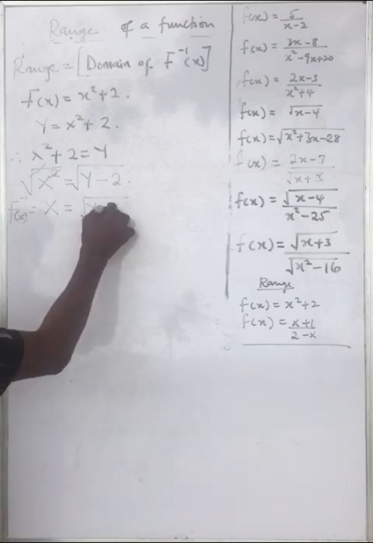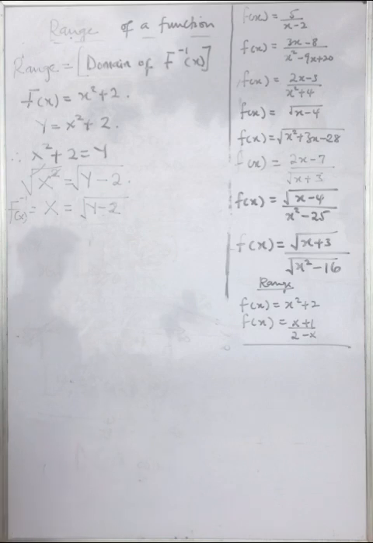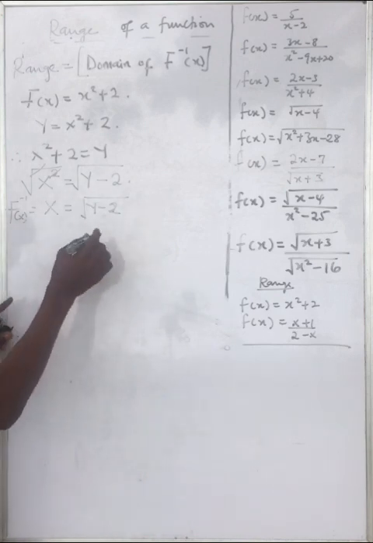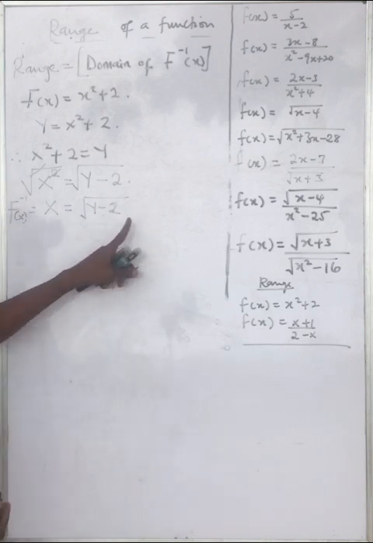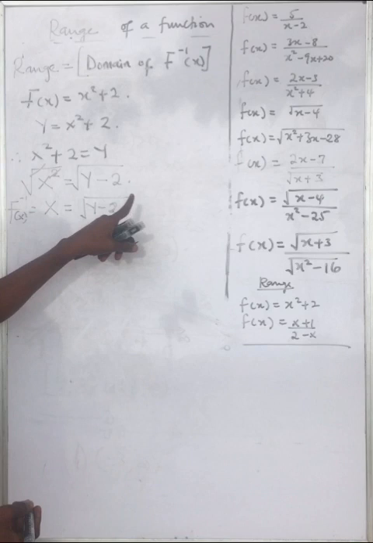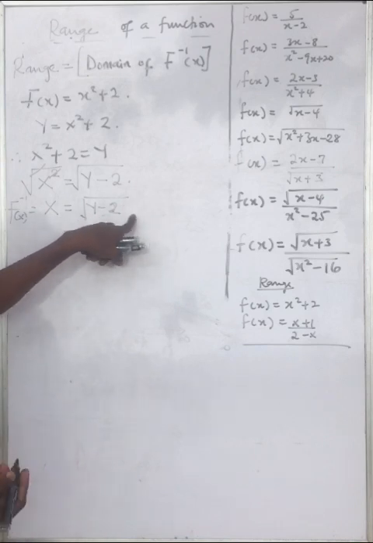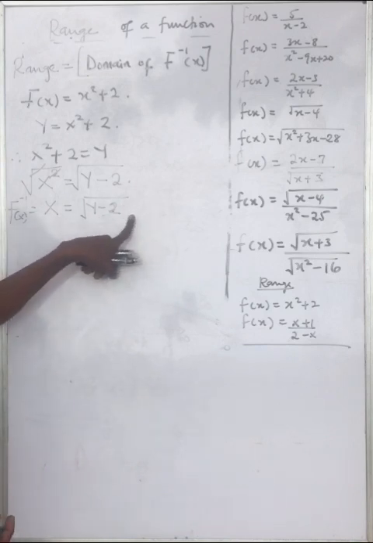Now that I've been able to get the inverse, shall we then use what we have been taught on domain? Shall we then find the domain of this function? So the domain of the function are all values of x that will not make the function undefined or complex. Here we can't get an undefined answer, but we can get a complex one.